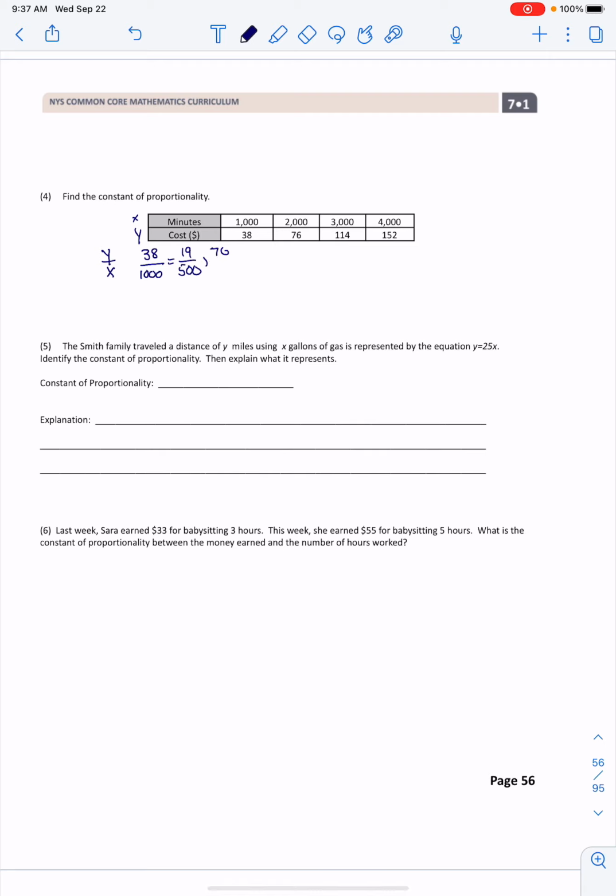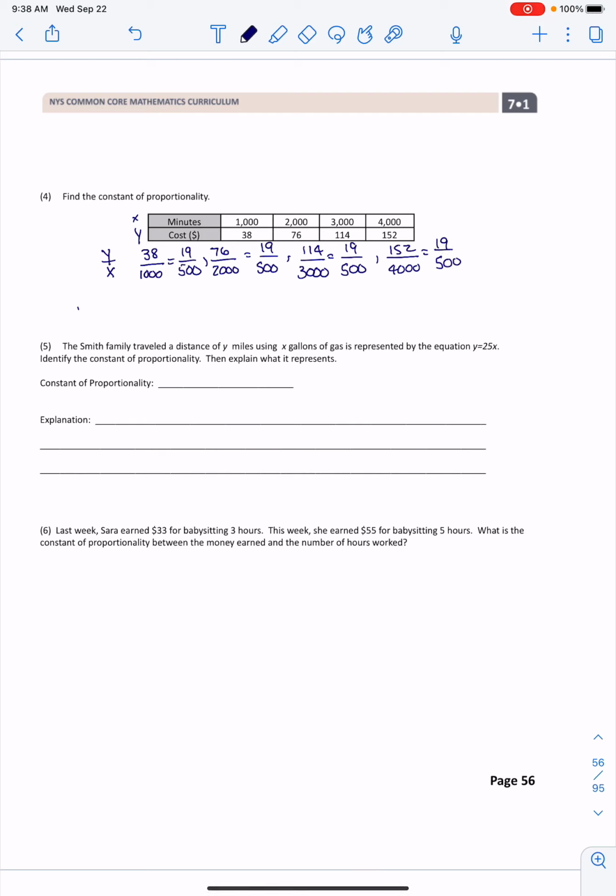76 over 2,000 simplifies to 19 over 500. 114 over 3,000 simplifies to 19 over 500. And 152 over 4,000 simplifies to 19 over 500.